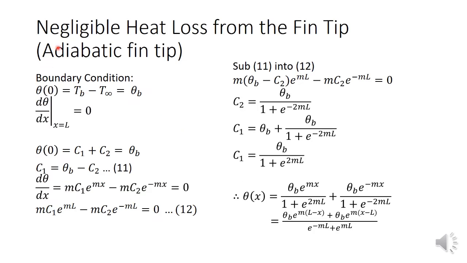Next, the negligible heat loss from the fin tip, which we also call the adiabatic fin tip. Its boundary condition is d theta over dx equals 0 where x equals L. First we find the values of C1 and C2, and then we can find theta x.